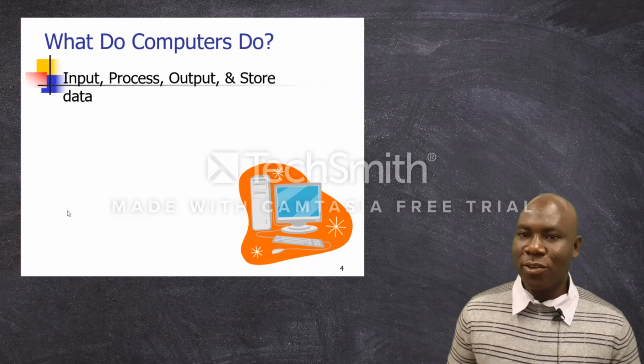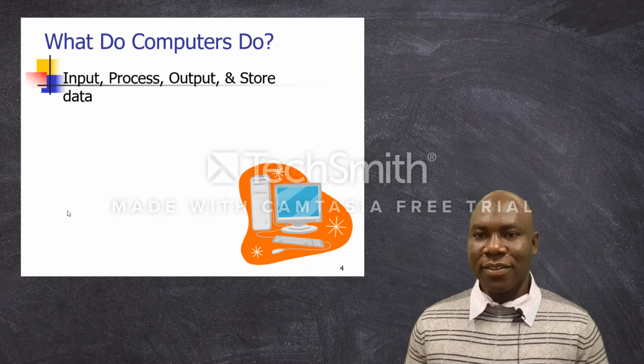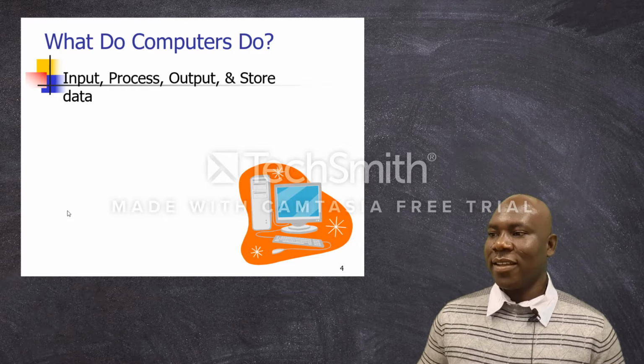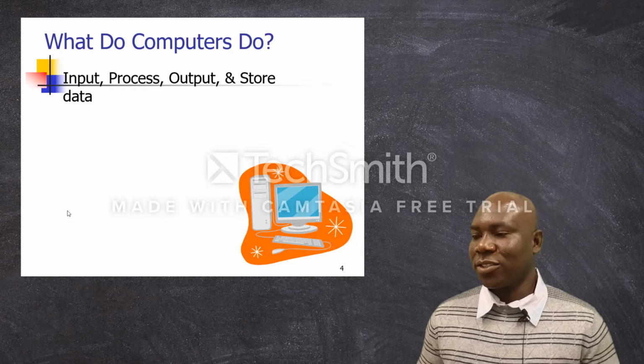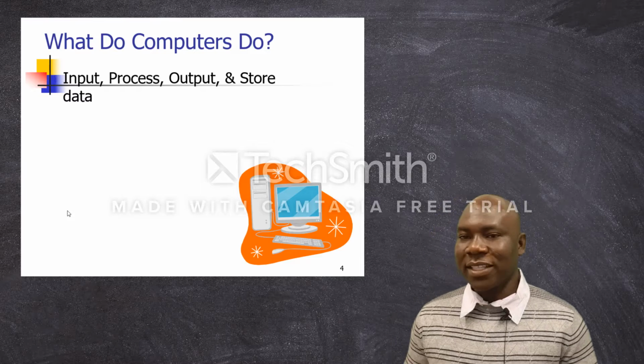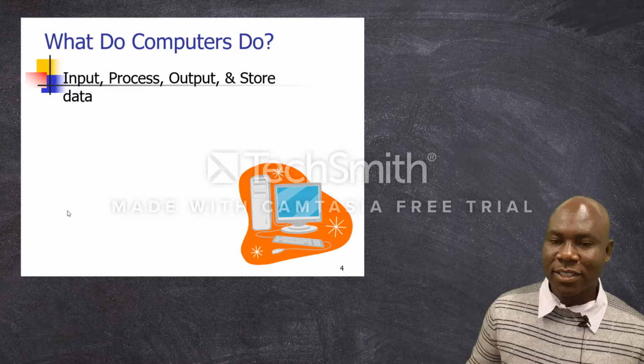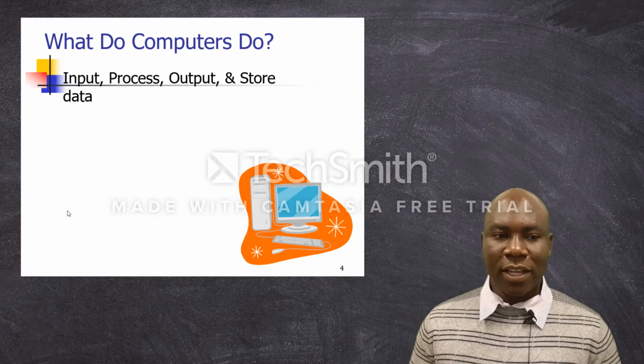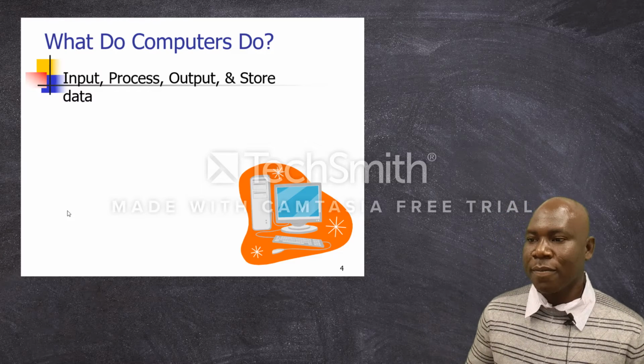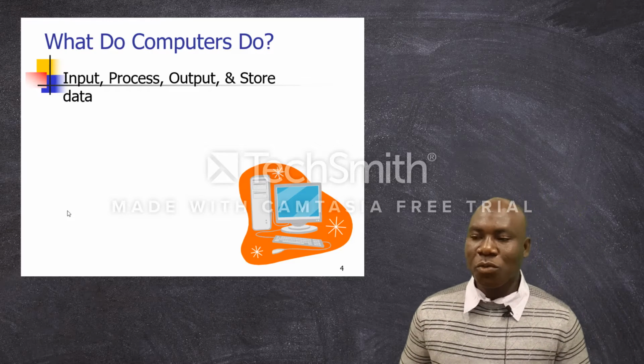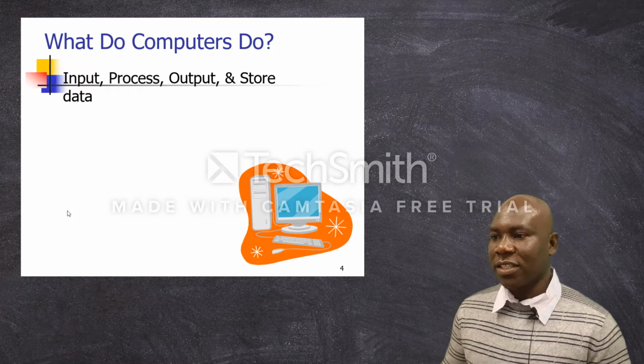So my colleague Glory just gave you a brief definition of what computers are, and I am continuing from where she stopped. I think we have all heard a very common term called garbage in, garbage out, because the computer works based on instructions.